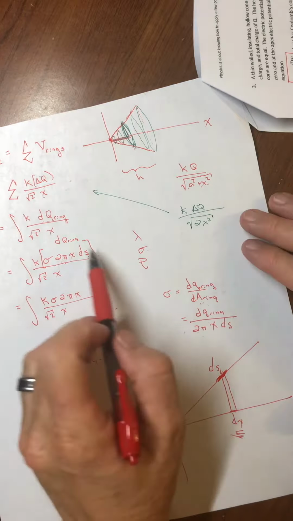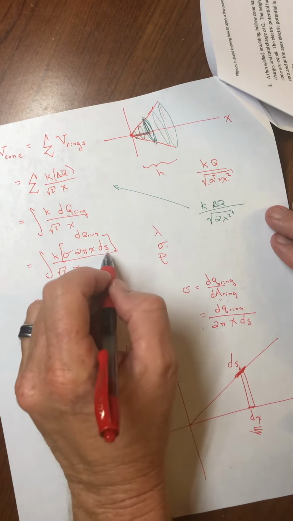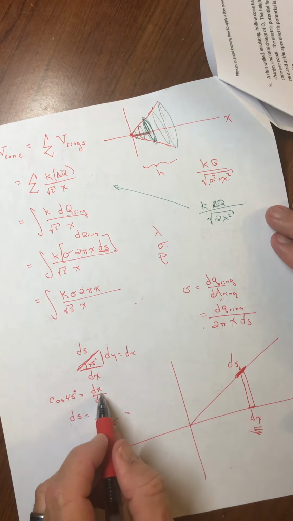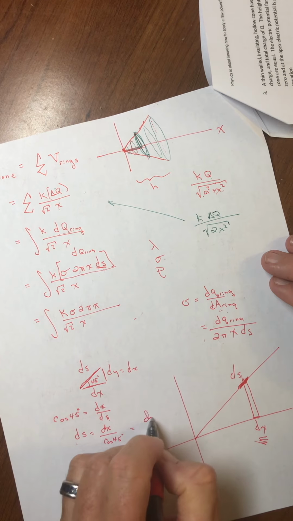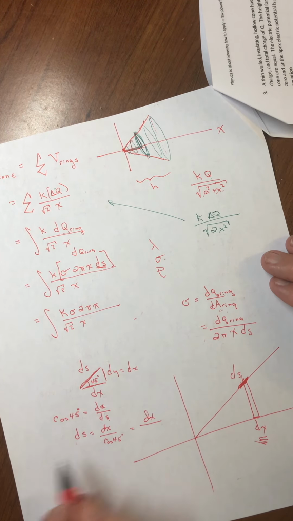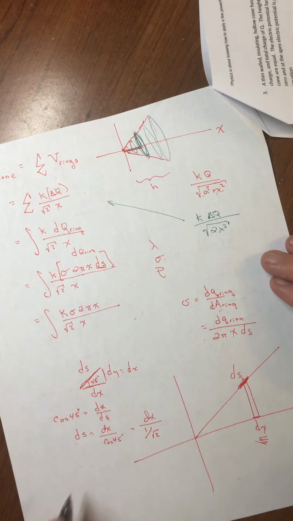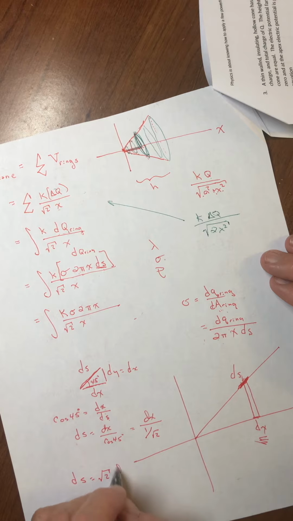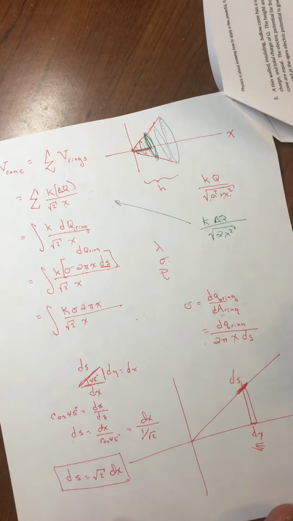And that's going to help me now see what the mathematical connection is between a ds and a dx. There it is. And in fact, remembering that the cosine of 45 is 1 over the square root of 2, I can then say ds is root 2 times dx. Okay.